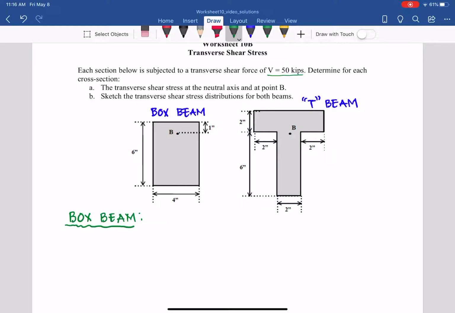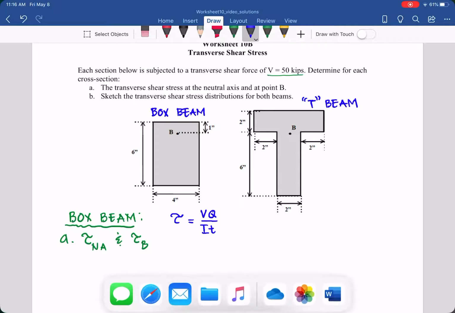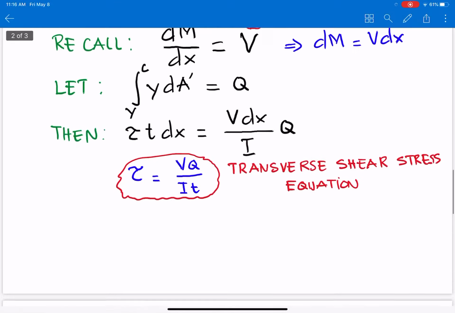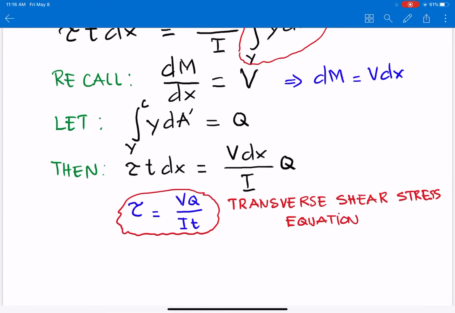And the question for A: determine the transverse shear stress at the neutral axis and at point B. So we want to find out what is tau at the neutral axis and what is tau at point B. And the equation we have for this one, we already know: tau equals VQ over IT. For those who don't recall, go back to the notes for the transverse shear stress equation.